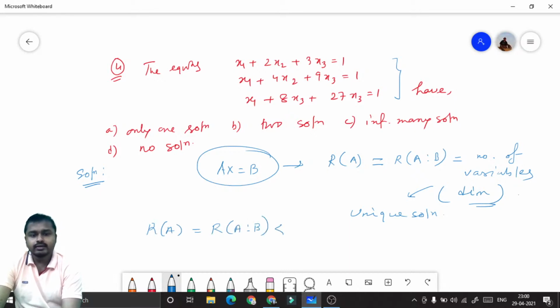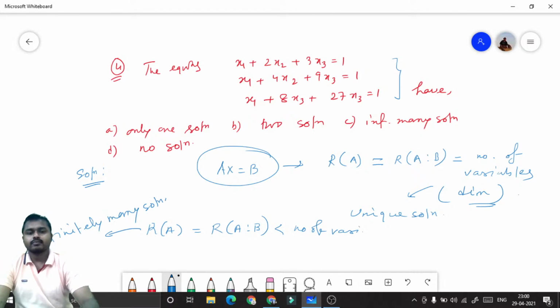If the rank of A is equal to the rank of A augmented B, but it is less than the dimension or number of variables, then you will conclude that your system will have infinitely many solutions.